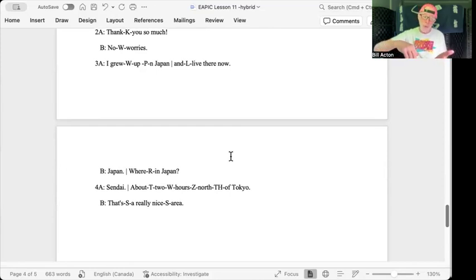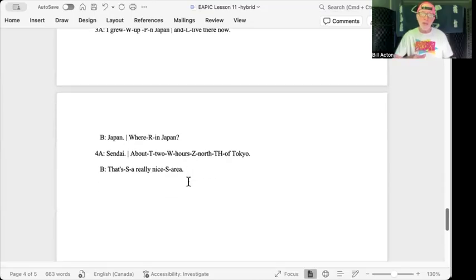Now, where in Japan? Really feel the where in Japan. That was a bit tricky. That R is a little bit tricky when you do that one.